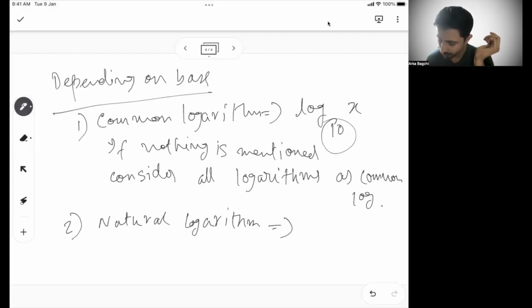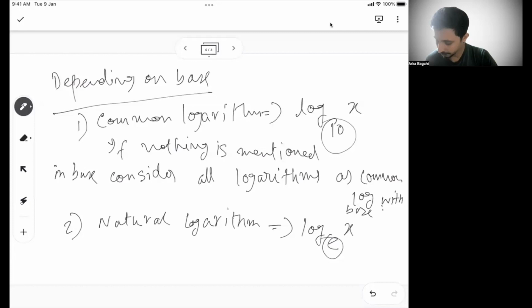The natural logarithm basically says log of x base e. So when e is in the base, that's when it's called a natural logarithm, right? So hope you understand the difference between natural and common logarithm.